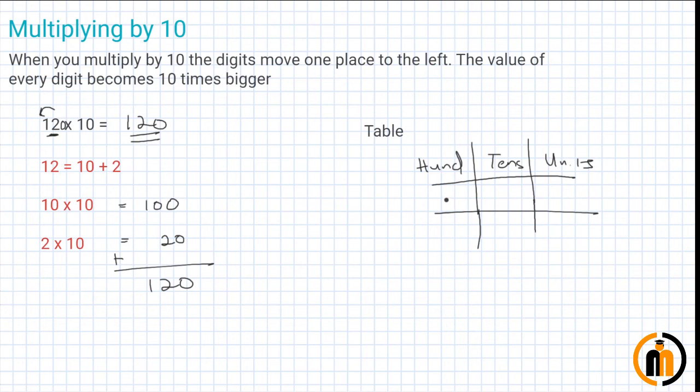So we have 12, and then we multiply it by 10. What happens is that each digit moves one place to the left, and the 0 moves in here.